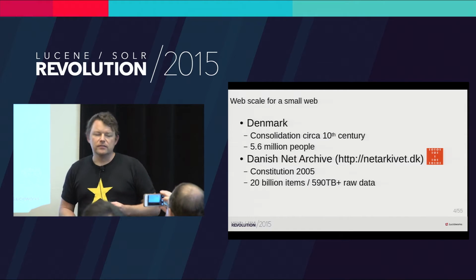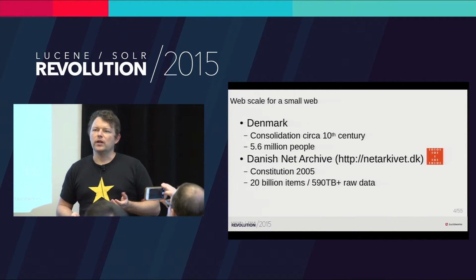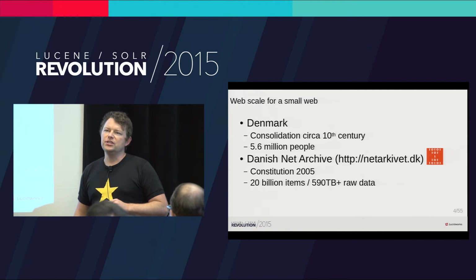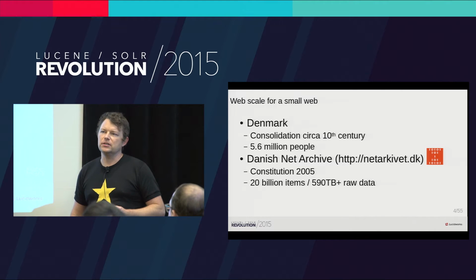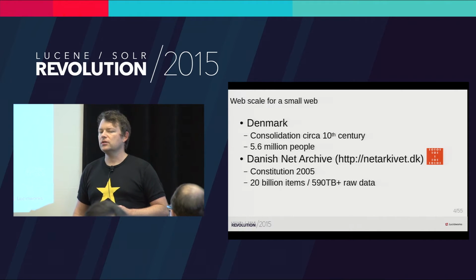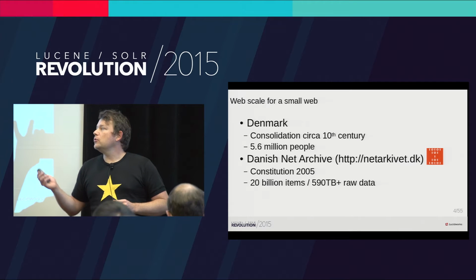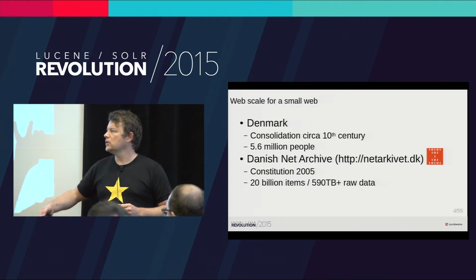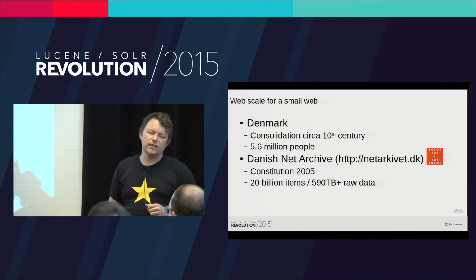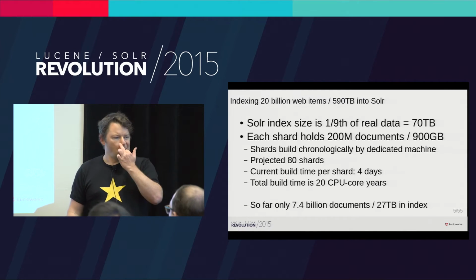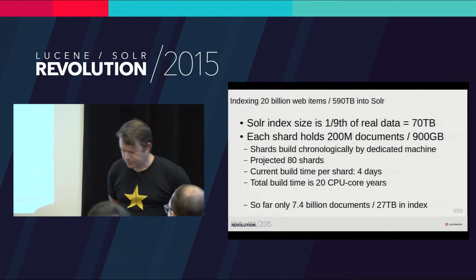So again, this is driven by what we would like to do. We're using the Chica application for processing all the harvested web resources and putting them into Solr. And this whole indexing of the whatever billion items is currently running on, well, just a single machine.